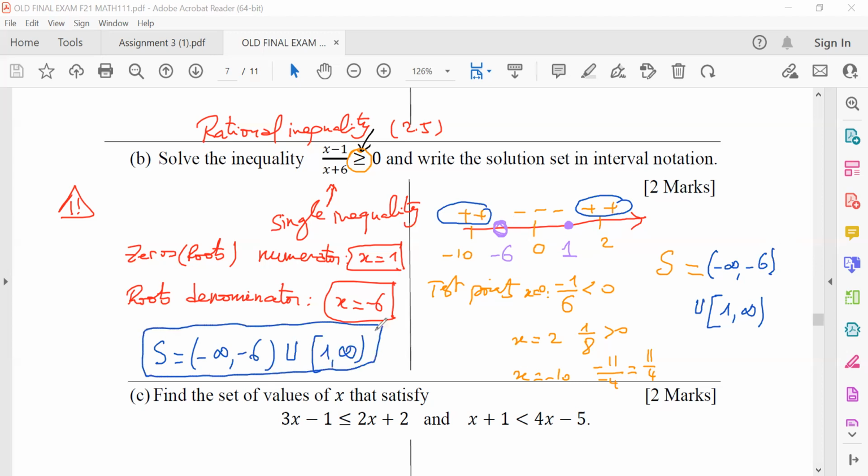This is the solution set of this inequality.